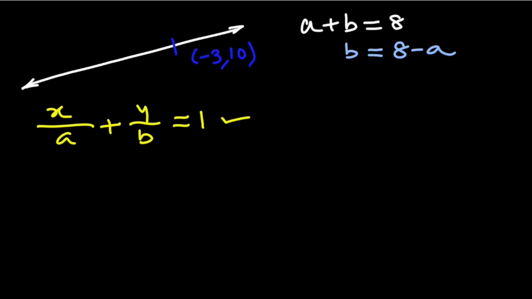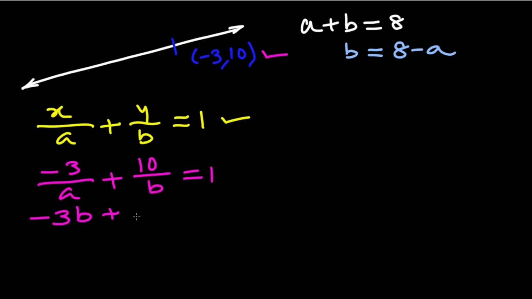Since this line passes through this point, we can substitute this point in this equation. So we write minus 3 by a plus 10 by b equals 1, that is minus 3b plus 10a equals ab.